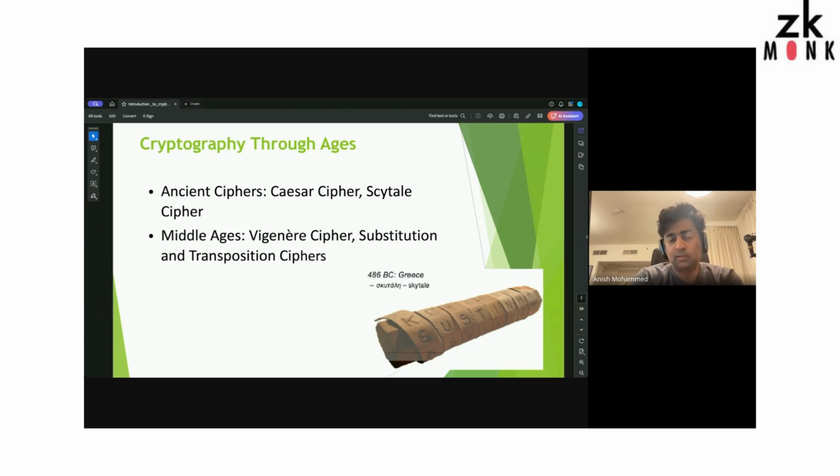So let's look at a few examples. One of the things I have there is the scytale. What is a scytale? It's a very, very simple mechanism. Imagine I have a long ribbon and a stick, and I wrap the ribbon around the stick and write something. Once I unwrap it, I have a long ribbon, and unless I get the right stick, you can't decrypt it.